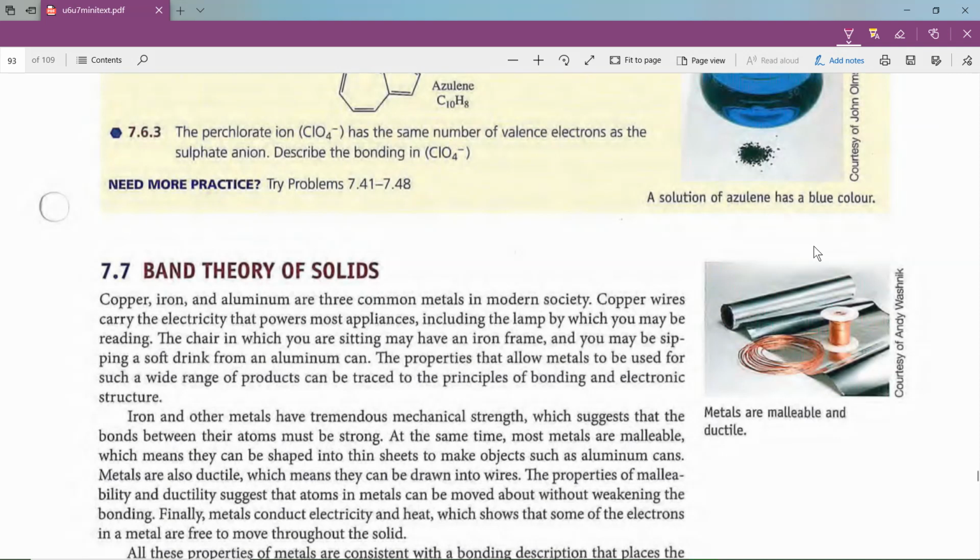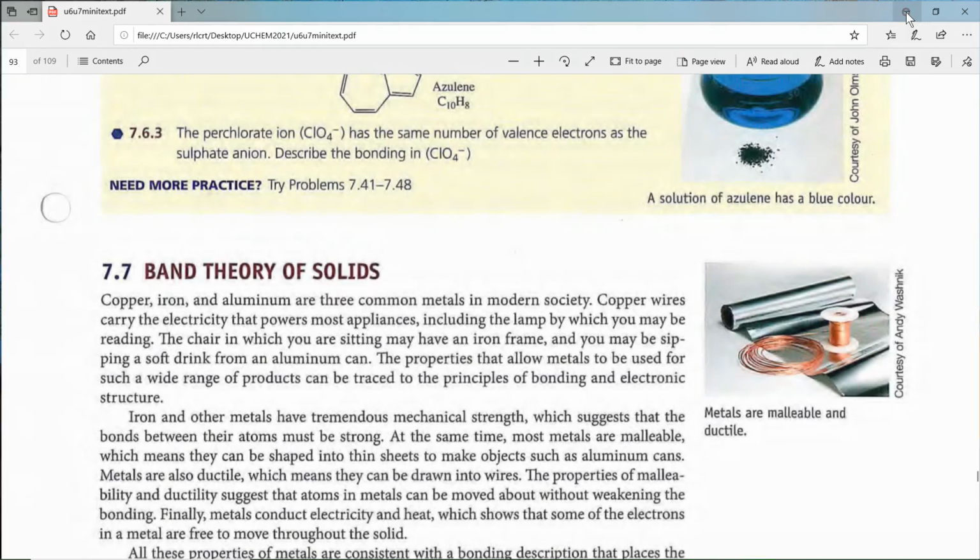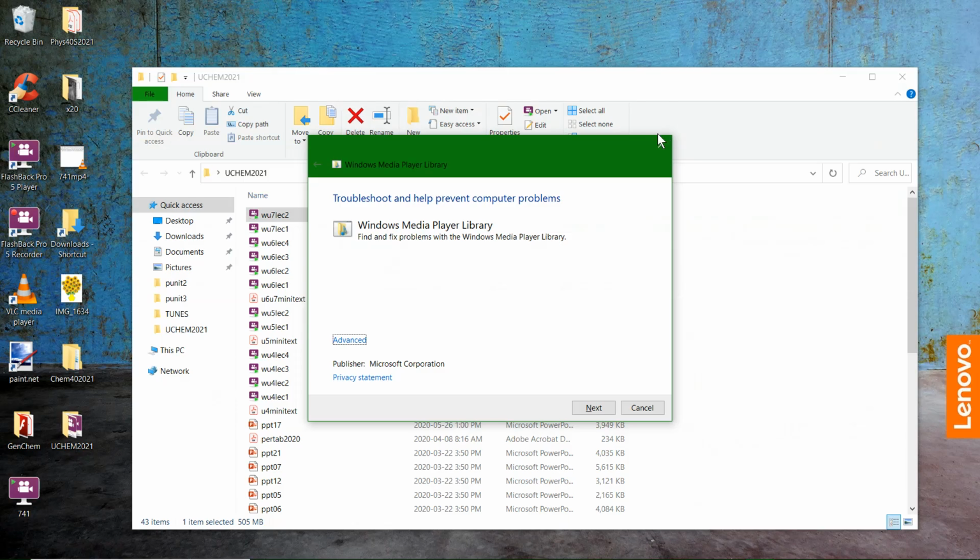I'm going to do something I haven't done before. I'm going to play a video answering a question from the end of the chapter. The question number has been changed, so this was a different version, but it'll still give me what I want.